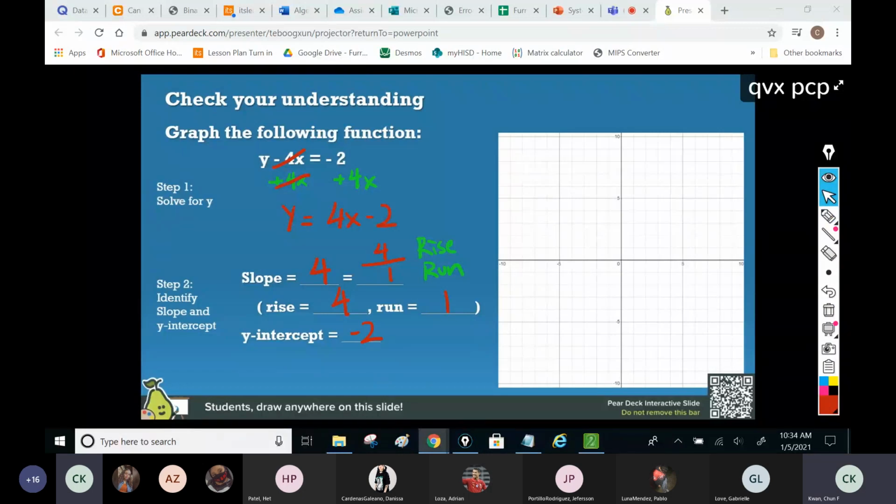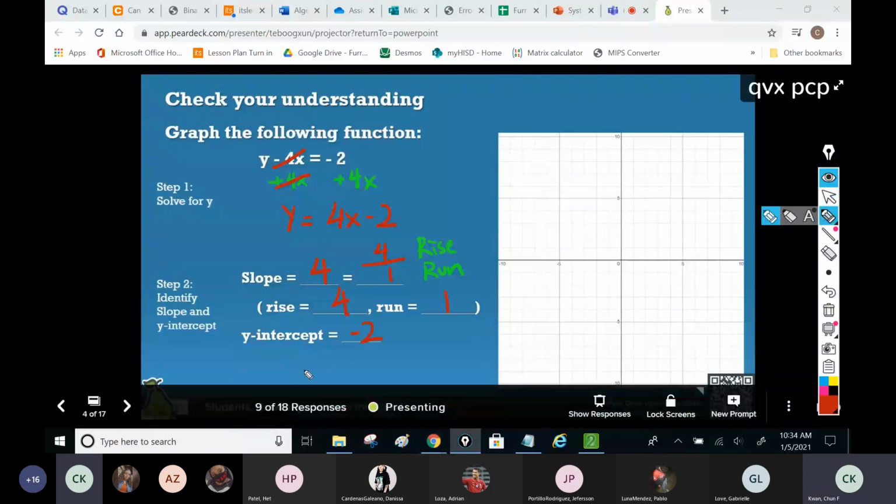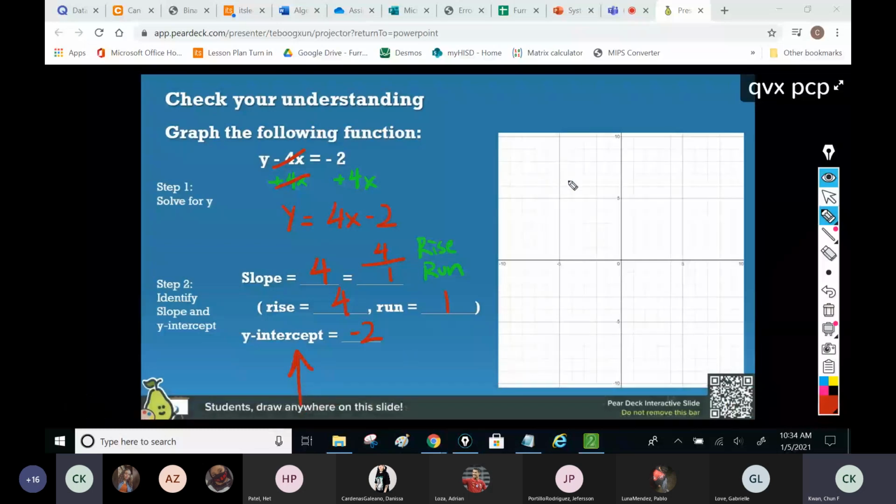So quite a lot of you guys got to this step, and then after that, you are going to start with the y-intercept. So on the y-axis, find -2.